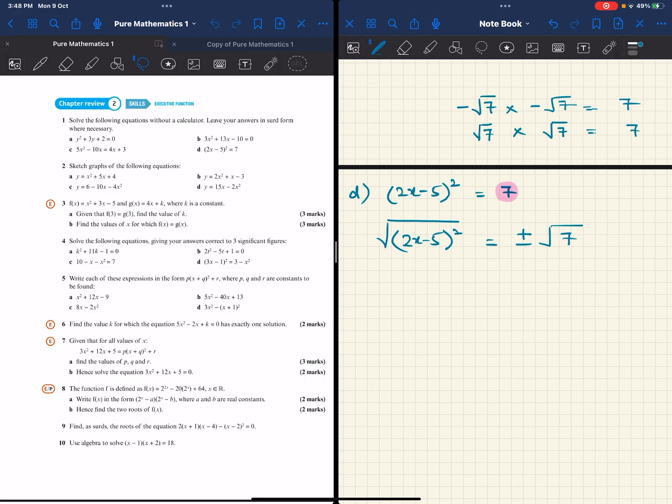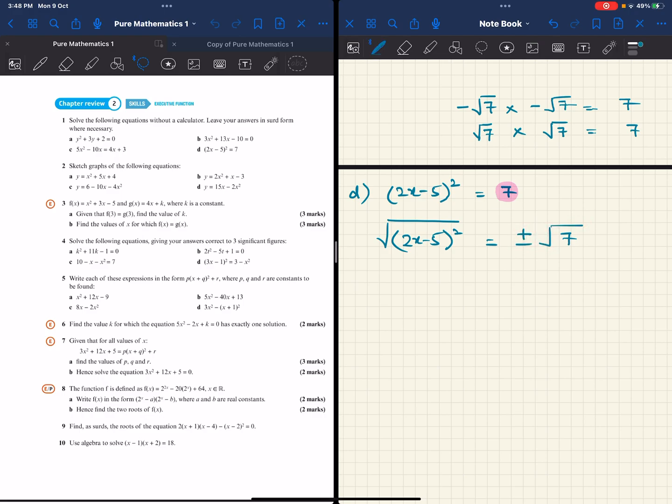Therefore, when I take the square root of 7, there are two possible roots. So I should not overlook the negative root as well. When we take the square root, we have positive and negative values.